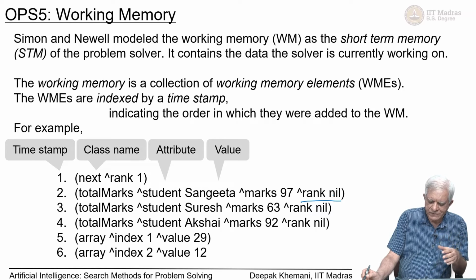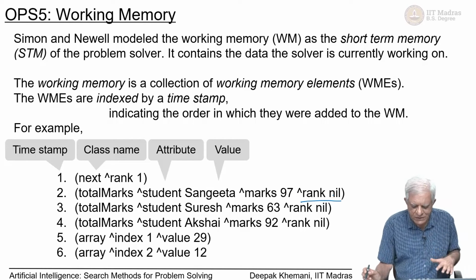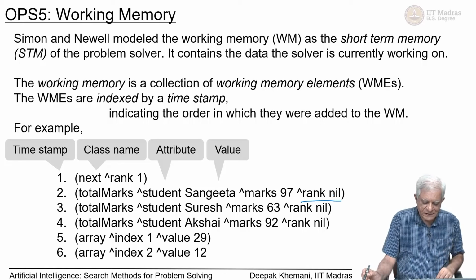And then of course, we will choose a student with the highest marks. In this example, it would be Sangeeta. We will assign the rank 1 to Sangeeta and then this next rank will get modified to say 2 essentially. So, the next person to get a rank will get 2. So, we will see how this is done with rules essentially.